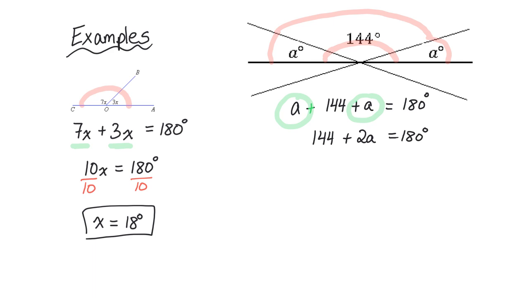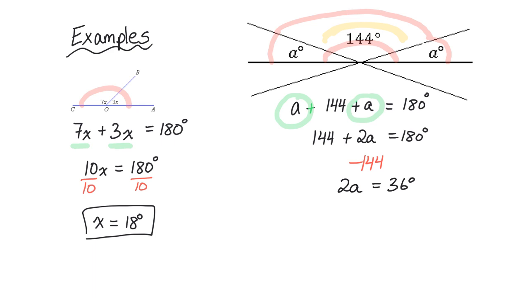So what I'm going to do is I'm going to minus 144. I'm going to take away this piece and see what is left over. So if I minus 144, this is going to give me that the two A's are equal to 36 degrees.